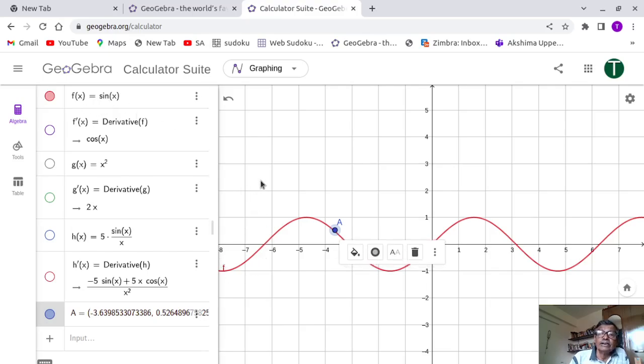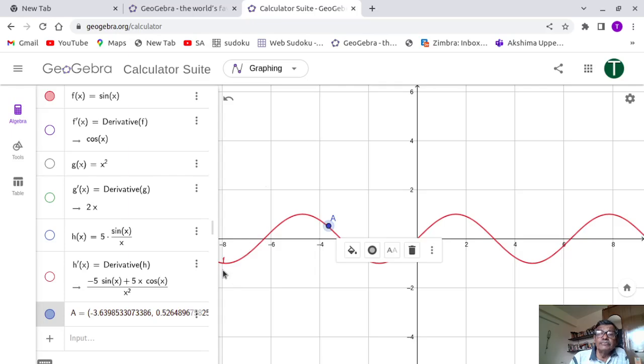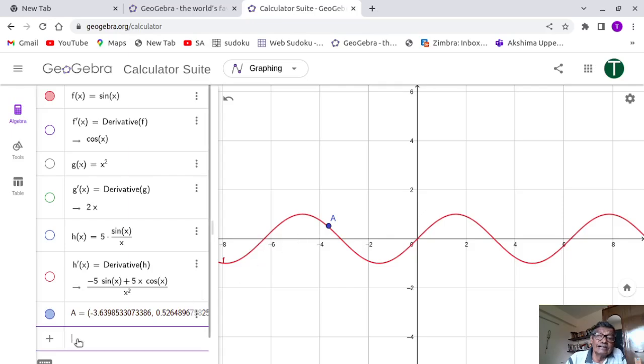So you have a graph f and a point A. And suppose you want to find out the derivative of this sine curve, the value of the slope of the line at that point. Got the point? So there is a statement here you have to make, that is slope.